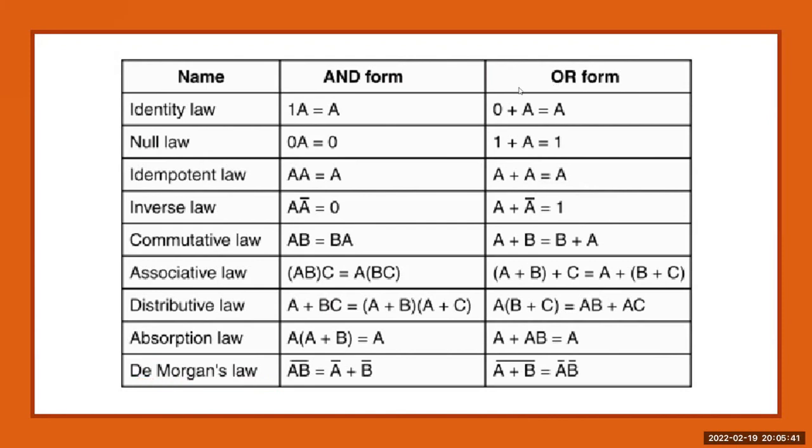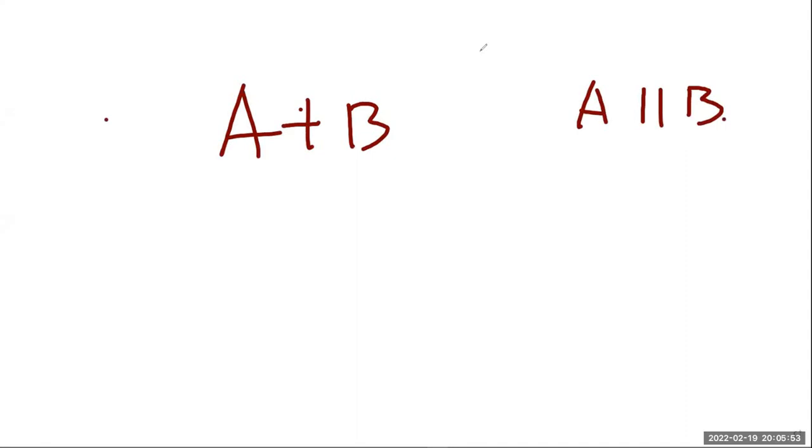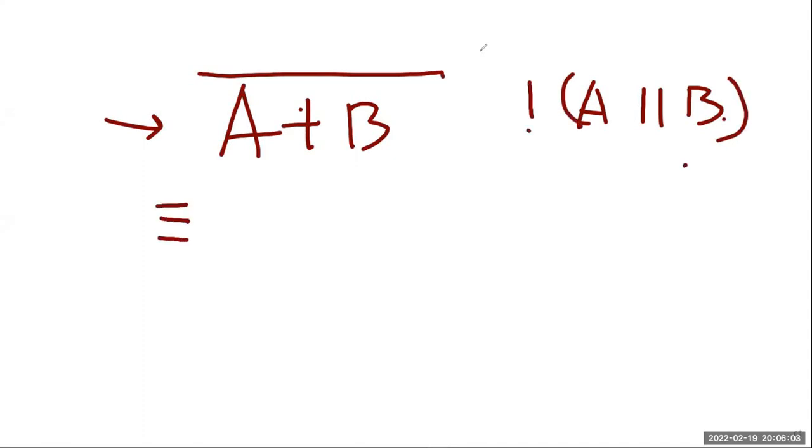De Morgan rule is something like this. We have A or B, okay? In Java, we write it this way, A or B. In Boolean algebra, we use a plus sign. So A or B, with a bar over the whole thing, is equivalent to breaking the bar and changing the operator from plus to and.